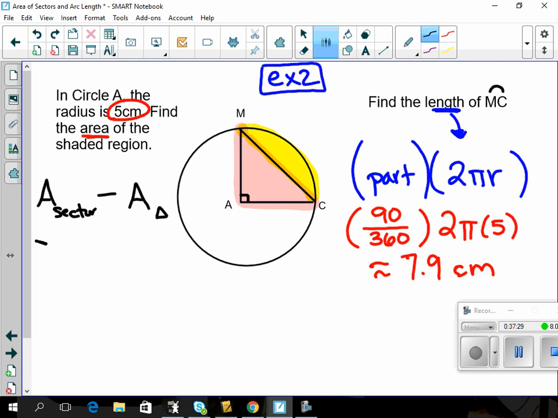So let's find the area of the sector, and then we're going to subtract the area of the triangle. The sector is the whole slice of pizza, if you want to think about it from that perspective. The whole slice of pizza. And I'm just going to take out the pink triangle because I want to find the area of the yellow shaded region.